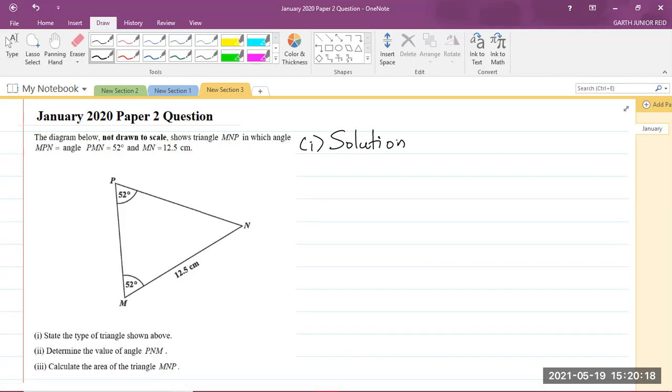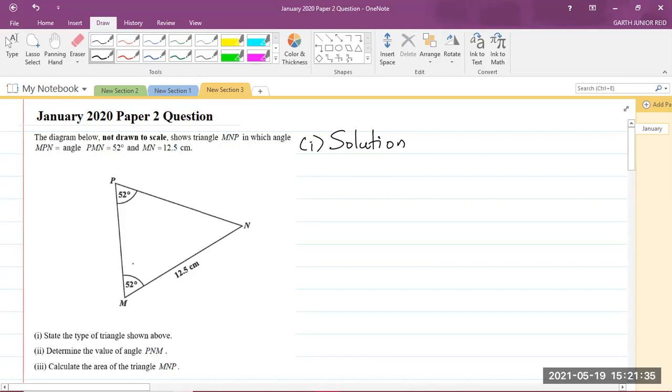Okay, and what else can you see? You can see that the side MN is 12.5 centimeters in length. And we know the properties of the isosceles triangle state that the base angles must be the same.